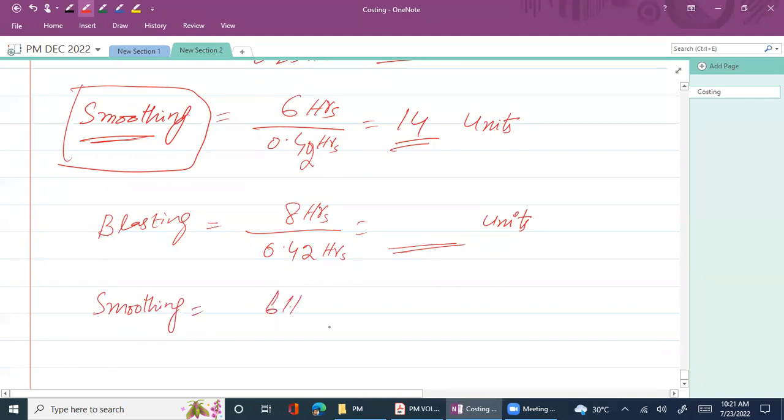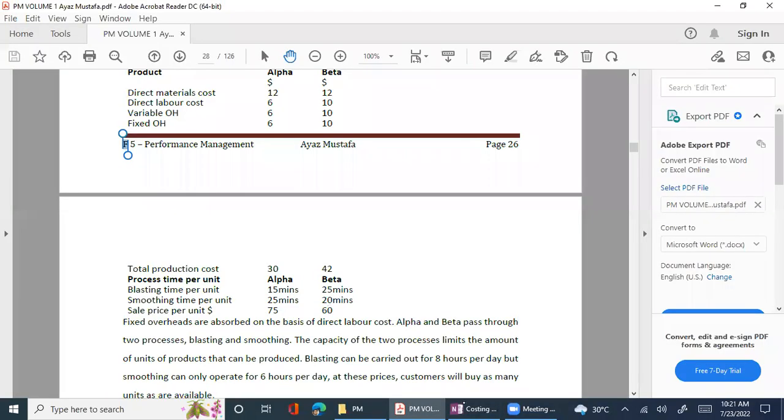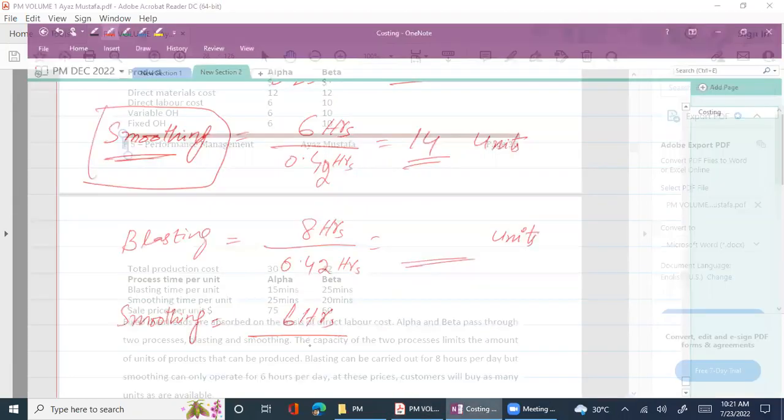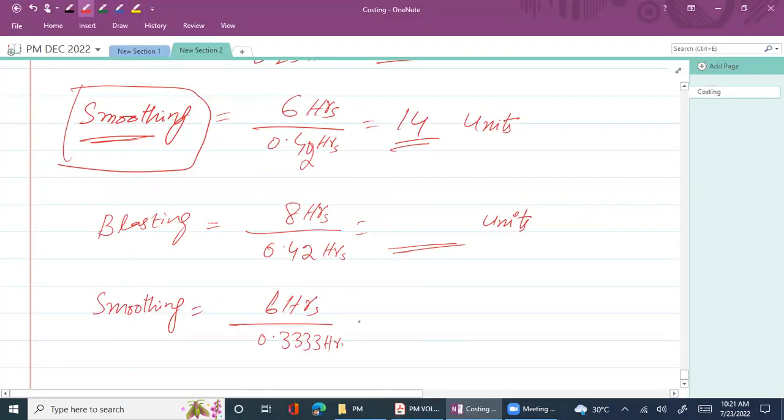6 hours divided by how many hours are required for one beta in smoothing, 20 minutes. So 20 divided by 60 will be 0.3333 hours. So I will get the number of units that I can produce from smoothing. So please give the answer for the number of units in blasting and smoothing.